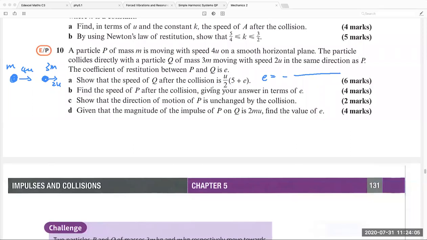This one is really a tough question actually. PQ, is it? You don't know the final velocity of these two, so it's like simultaneous equations and you need to solve them. First of all, let's write down the conservation of momentum.